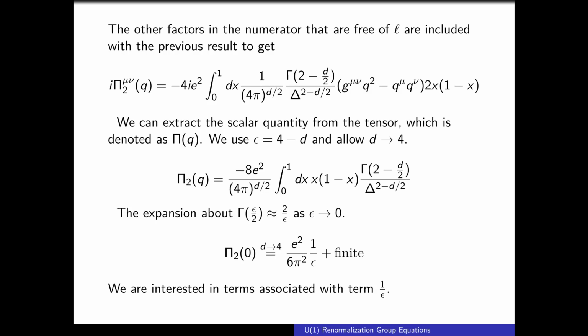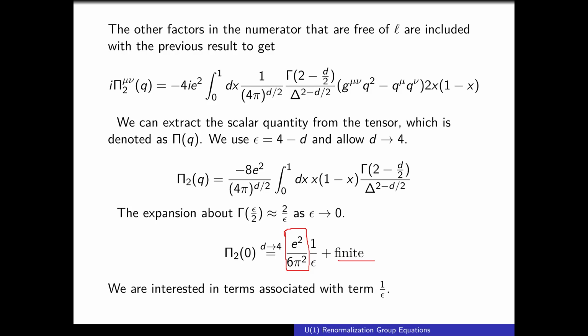As the argument of the gamma function approaches 0, we get this term as a coefficient times 1 over epsilon, which would be a pole as epsilon goes to 0. And so this is actually the term we're interested in.